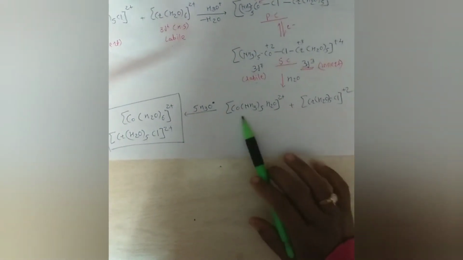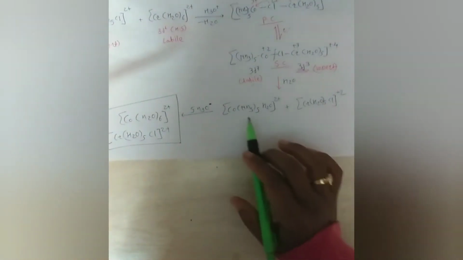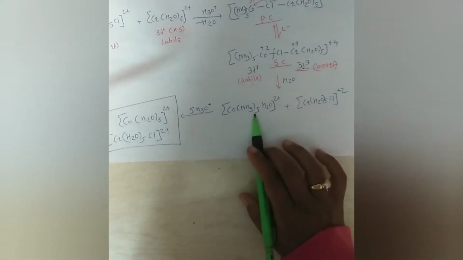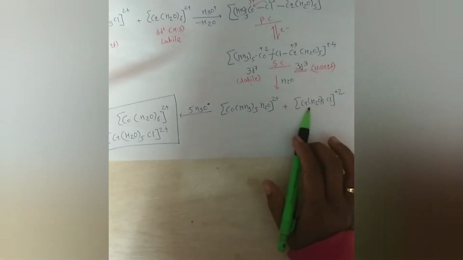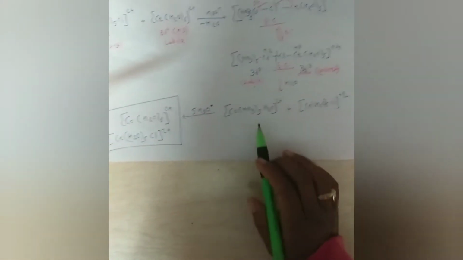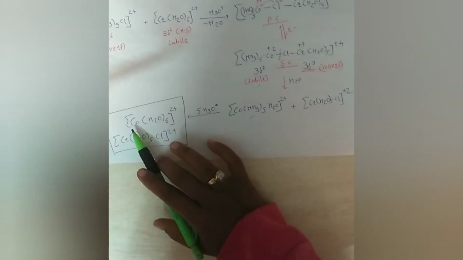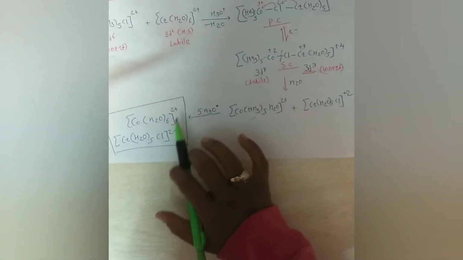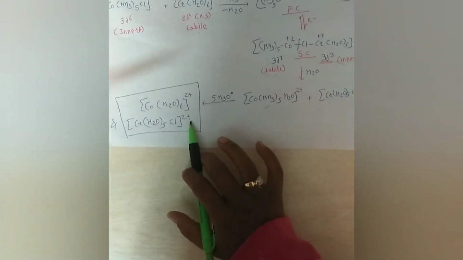So students, we are getting the breaking of the complex from here because it is a labile complex. So we are getting Co(NH3)5 H2O in +2 oxidation state plus Cr(H2O)5Cl in +2 oxidation state. After hydrolysis of these labile complexes, we are having Co(H2O)6 2+ and Cr(H2O)5Cl 2+.